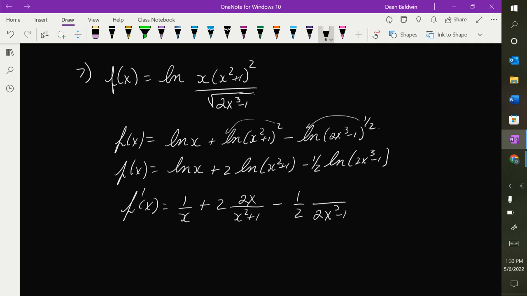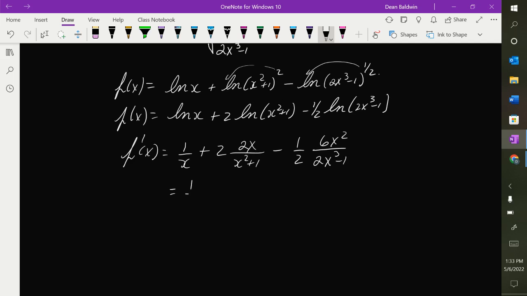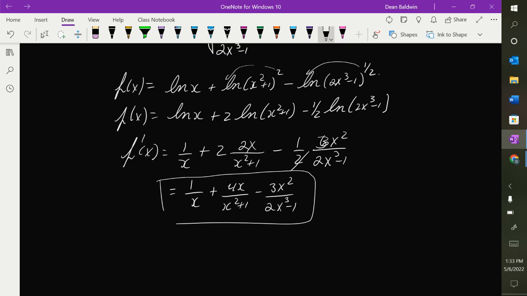In the numerator goes the derivative of that, which is 6x squared. So I'll just clean it up a bit. 1 over x plus 4x over x squared plus 1 minus, that turns that into a 3, 3x squared over 2x cubed minus 1. And you could find a common denominator and put it together, but we'll just leave it like that.